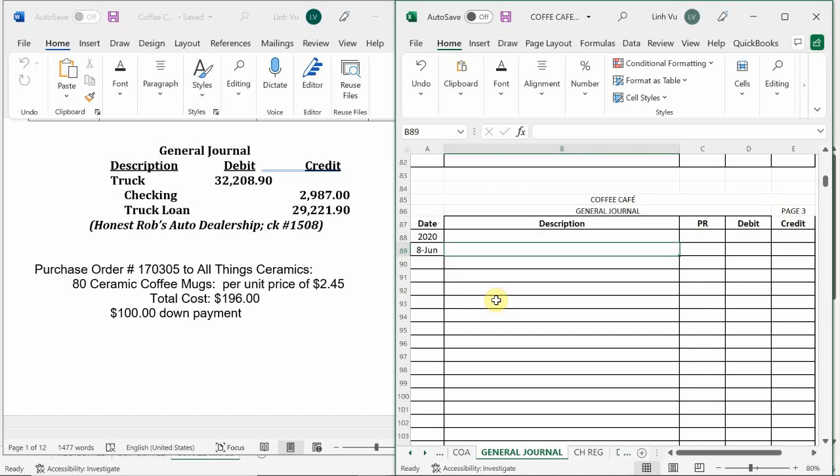We need to pay a down payment for coffee mugs. Payable. Why? You're not owing anybody right now. Why are you owing somebody? We do first of all the check to pay for them. Yes, but what do we get out at the end of the day?